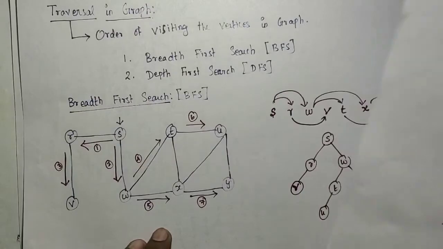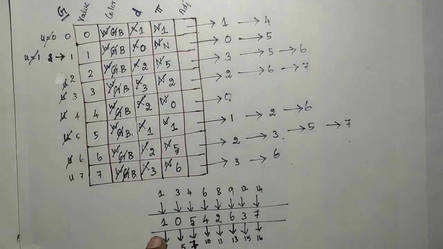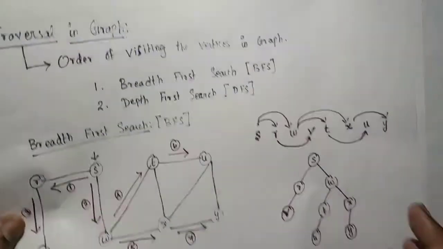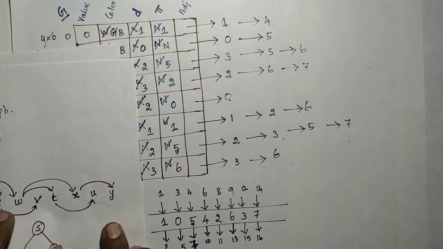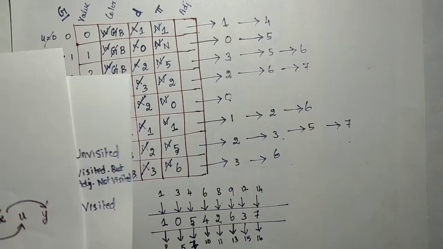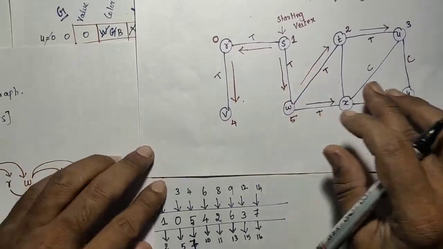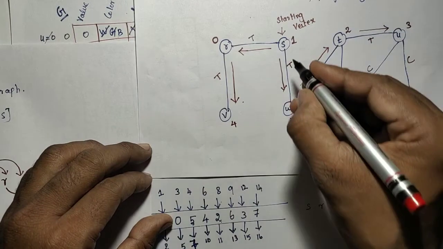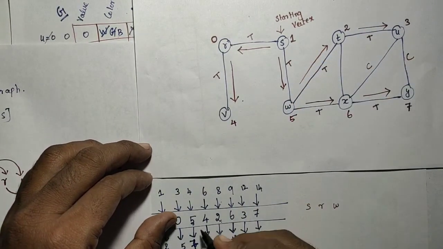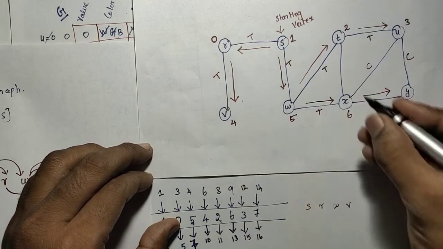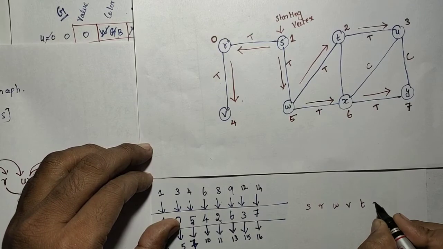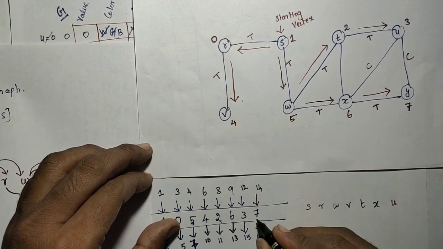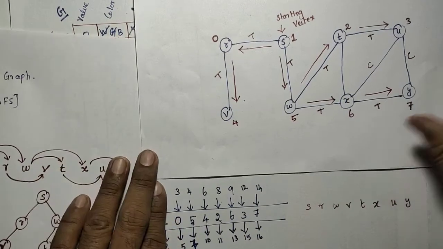To know the visited order, just see the queue content: 1, 0, 5, 4, 2, 6, 3, 7. Here 1 means S, 0 means R, 5 means W, 4 is V, 2 is T, 6 is X, 3 is U, and 7 is Y. We are getting the same order.